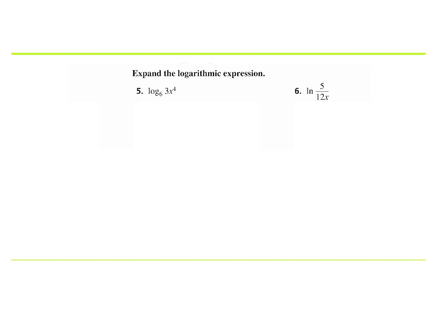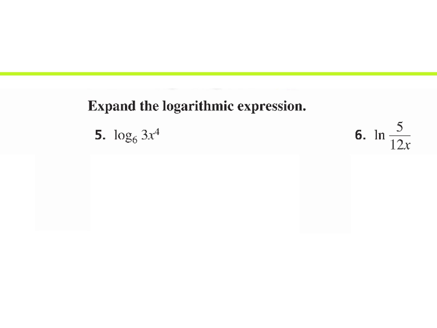All right, so we can keep going with these examples. Notice in number 5, we have a multiplication. I see that it's a 3 times 4 x to the 4th. And then that multiplication is going to become a plus between logarithms. And then you have a 4 in the exponent that's going to go to the front. All right, so first I would split it up.